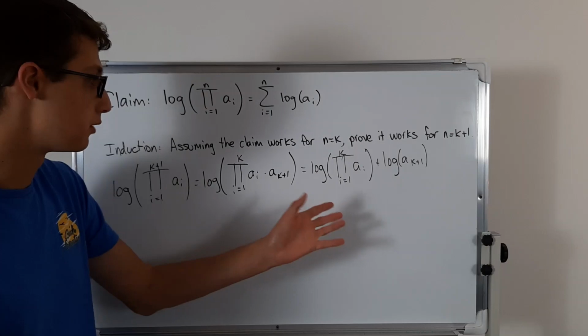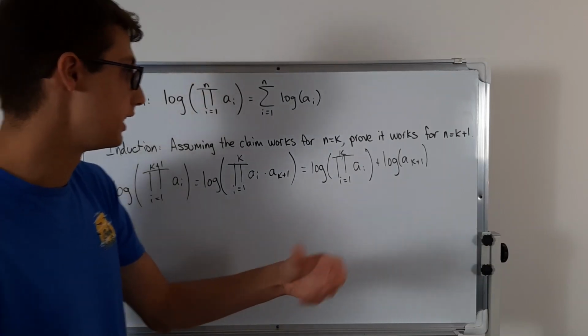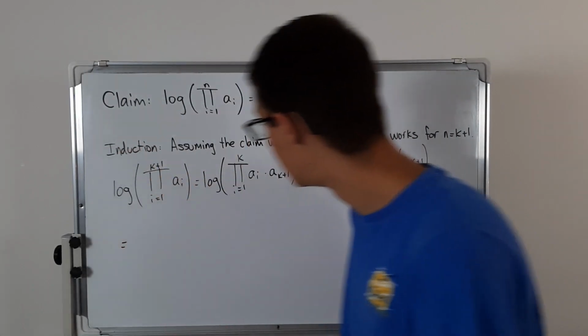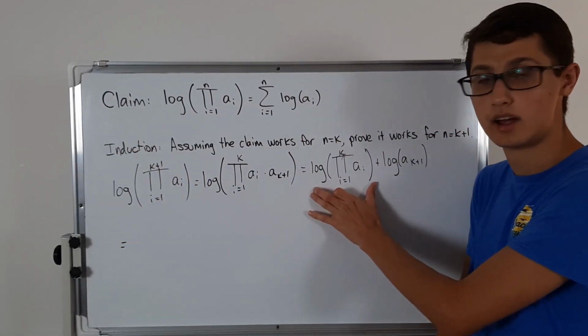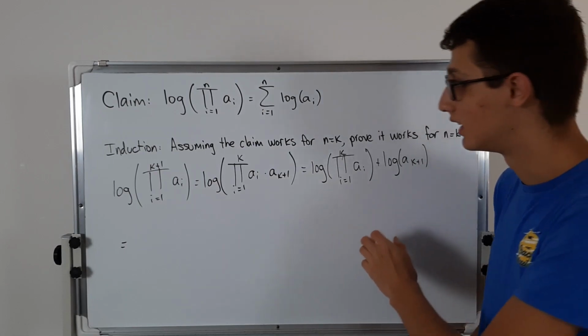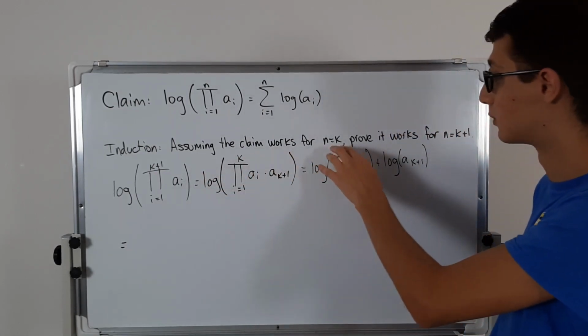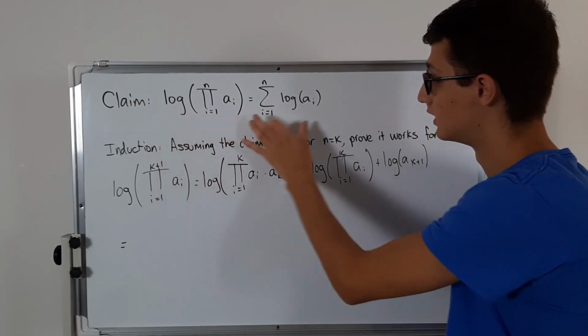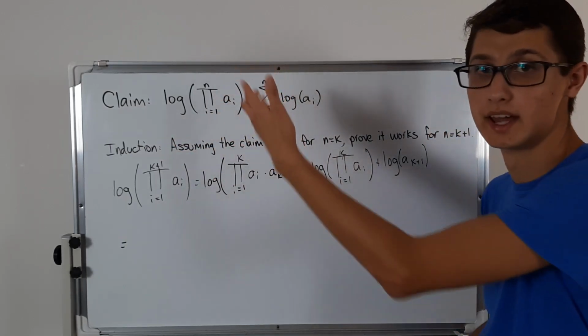From here, remember that we said the log of a product, assuming the claim works for n equals k, then we can simply put this into this, the only difference being n equals k.